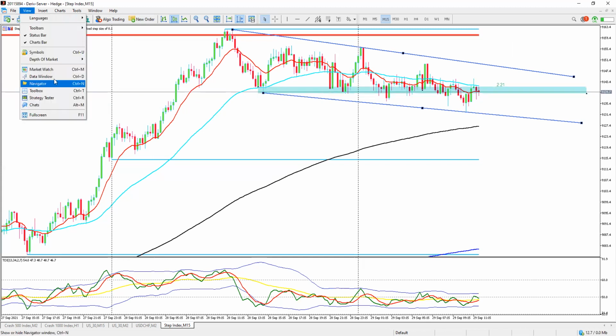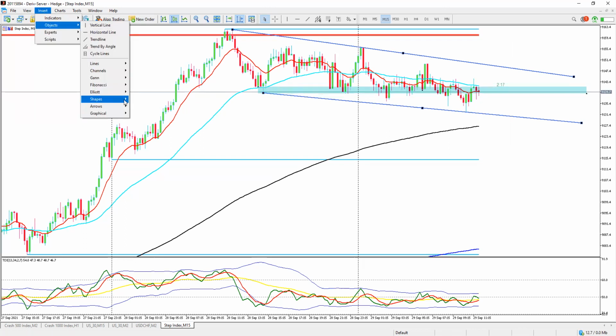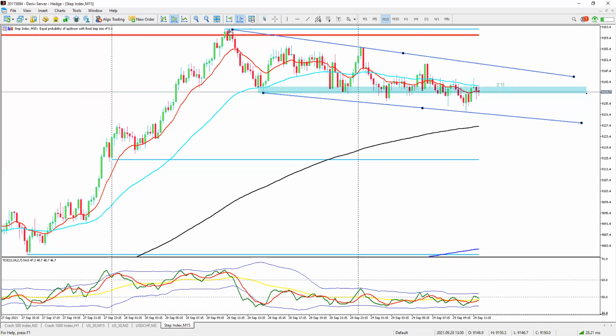So if you're on a smaller time frame and you see your price breaking and coming back up and breaking and coming back up, you simply go to one higher time frame above that one and you see the clearer view.